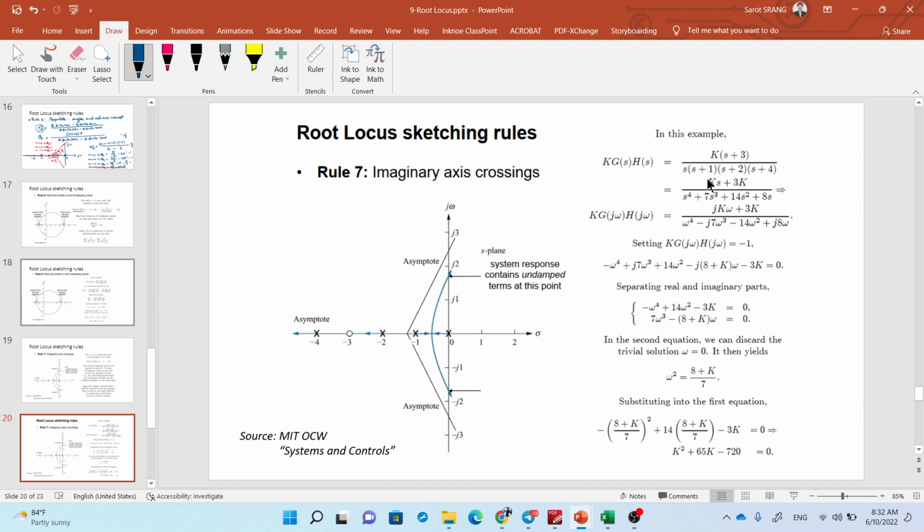Just follow this process and you can find omega and K.